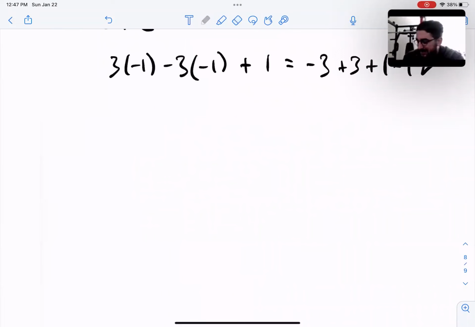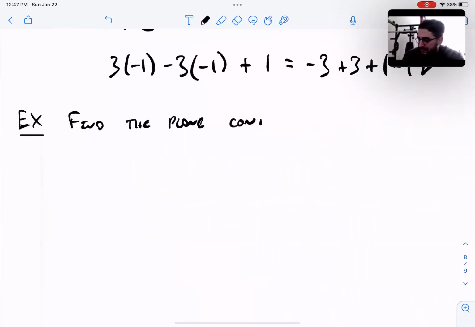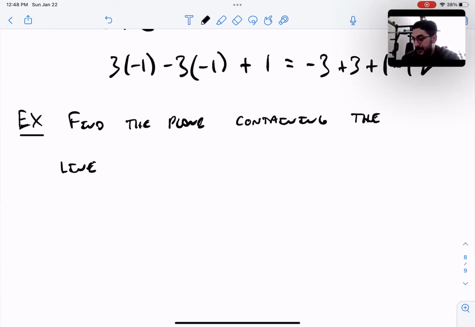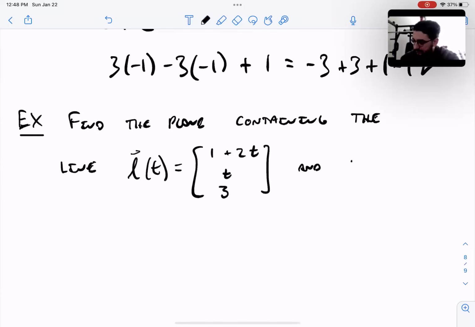Let's do one more example, because there's a lot that can happen here. Let's say, for example, let's find the plane containing the line given by this parameterization, as well as the point 2, 2, 2.